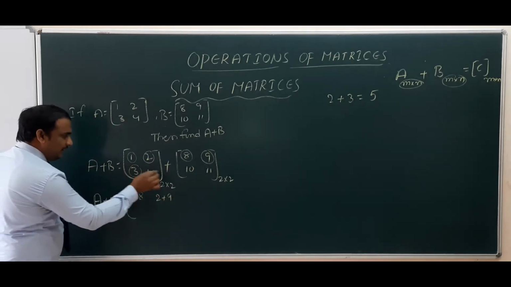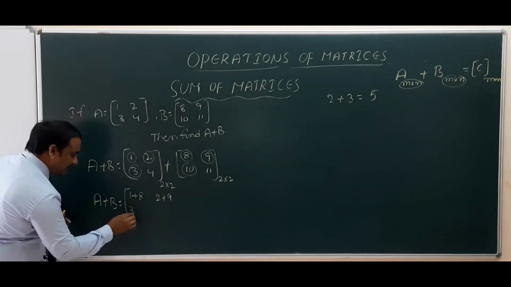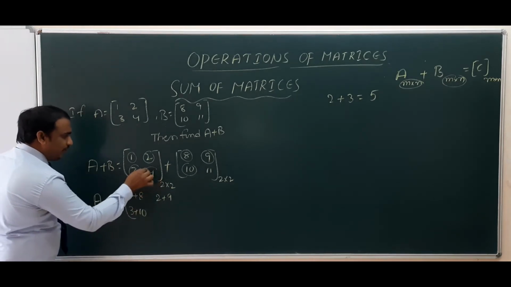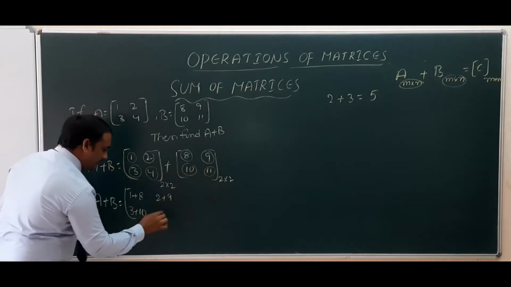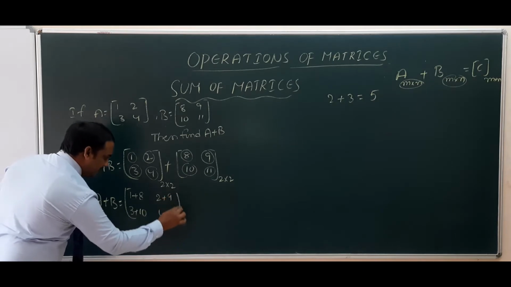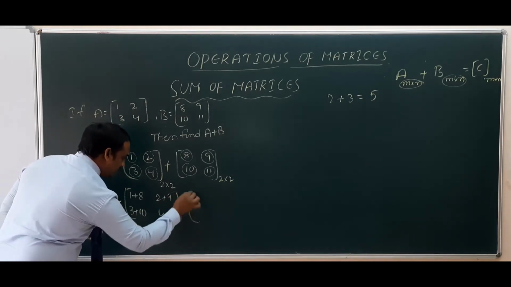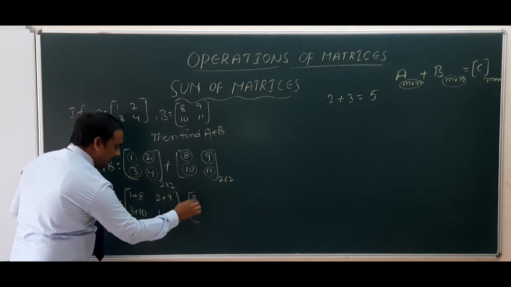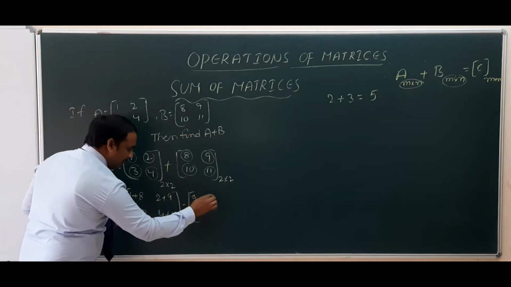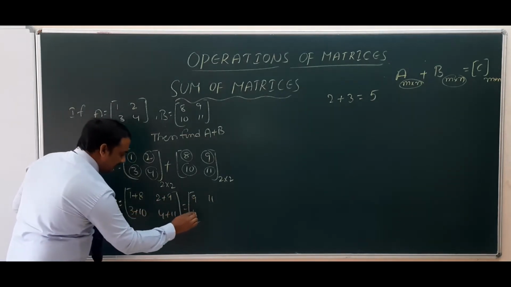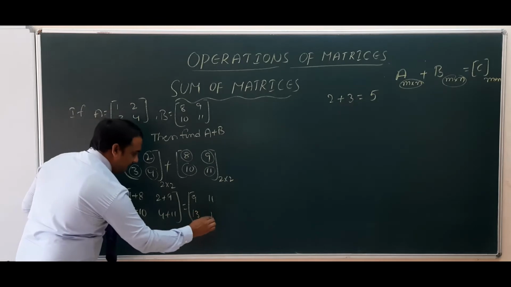Next, 3 plus 10. Next, 4 plus 11. Now equal to: 1 plus 8 is 9, 2 plus 9 is 11, 3 plus 10 is 13, 4 plus 11 is 15.